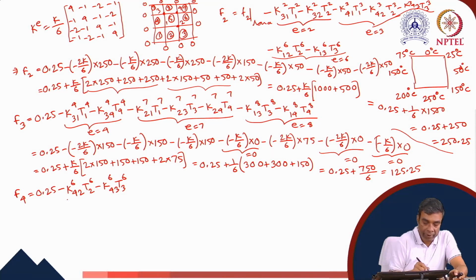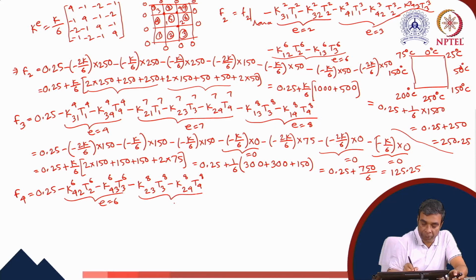Next, this is from E equals to 6. Next contribution will come from E equals to 8. So here I equals to 2 and B equals to 3 and 4 and E equals to 8. So minus K238 T38 minus K248 T48.